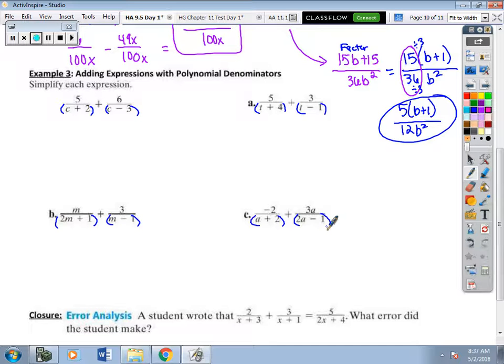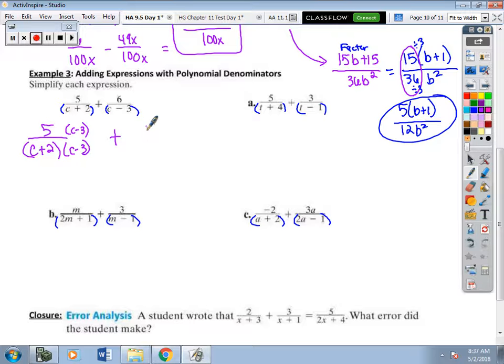That can sometimes happen. But if you want to make a common denominator with binomials, you are literally just going to multiply by the other one, typically. So for this one, I'm going to need to multiply, and I'm just going to rewrite it so I have some space. I need to multiply this one by c minus 3, both in the numerator and the denominator, to get it to have a common denominator.